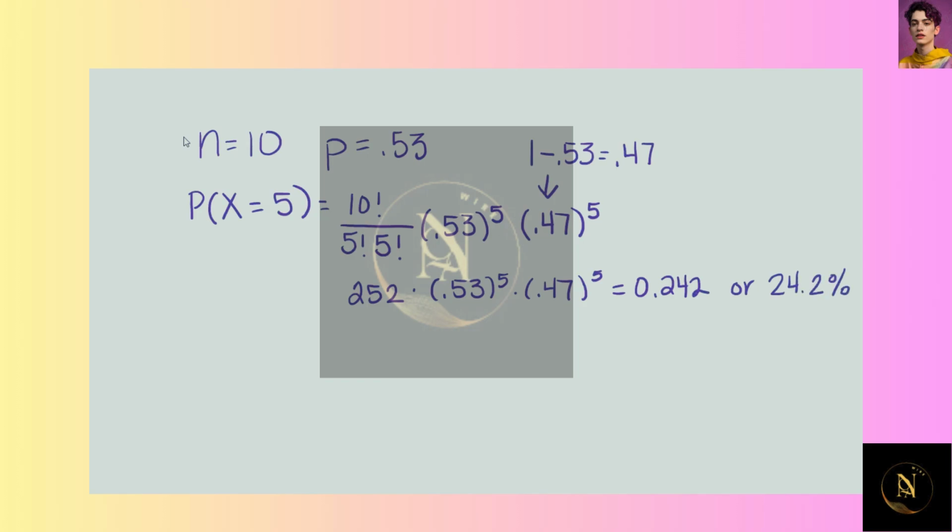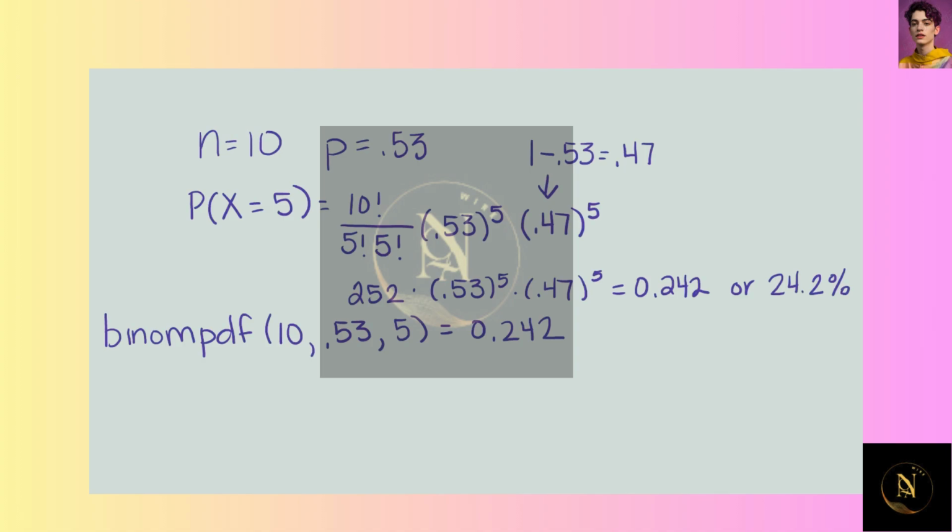Remember, you can do this in the calculator by hitting second vars. You will look for binom PDF, because we're saying equals to 5. You would do 10, 0.53, and 5. And you would get 0.242.